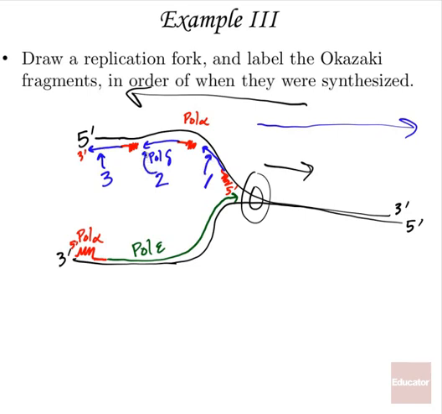Now, so far I've shown everything in simplicity, and actually these replication forks often go in both directions. So you would actually have a helicase going in this direction as well, and at the midline, we're just going to say this is the midline because I've already drawn over here.